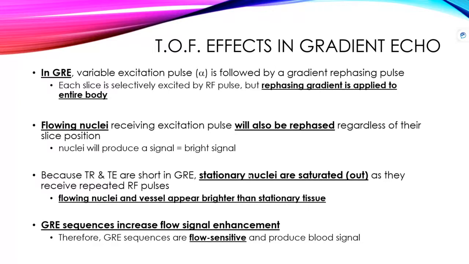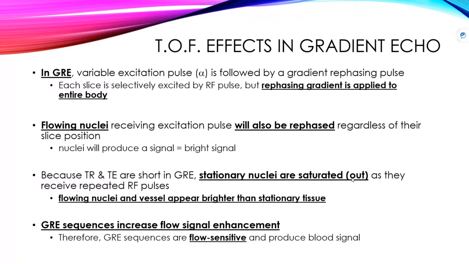So another thing to think about with gradient echo is that our TR and TE are usually really short because it's a shorter sequence, and we don't need a longer time frame because we're using gradients. So the stationary nuclei are going to get saturated out because they're going to continue to receive those RF pulses, the excitation pulses.